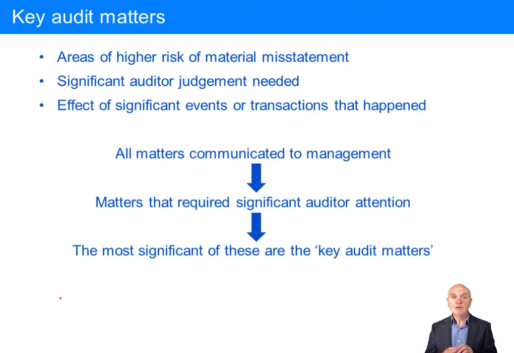And from that, you will select some of the most significant areas, and these become the key audit matters, which you will describe in the audit report to give users a better understanding of how the audit was conducted, where the difficulties were, and maybe how much reliance they can place on the financial statements.